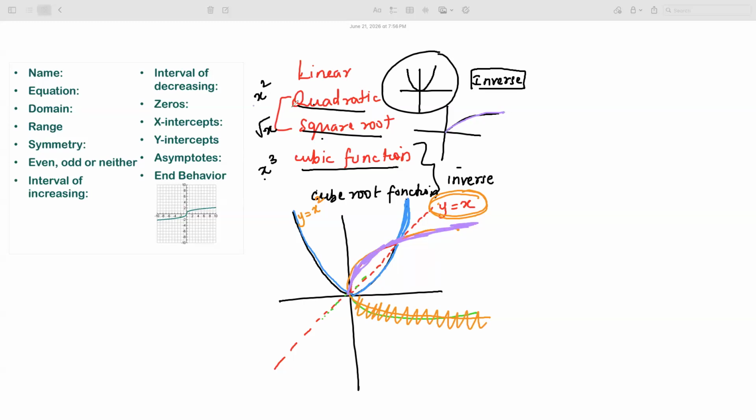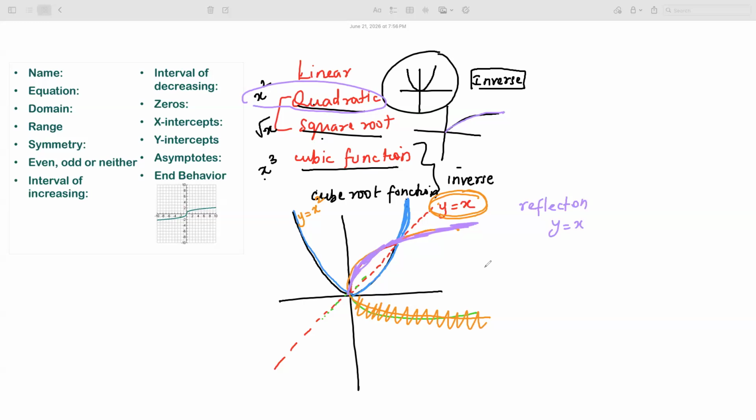Okay, so in mathematics, if you want to find the inverse graph of a particular function, graphically the best way to do it is to reflect it on the line y equal to x. Whatever graph you have, if you reflect it on the line y equal to x, you will get another graph. That will be your inverse graph.